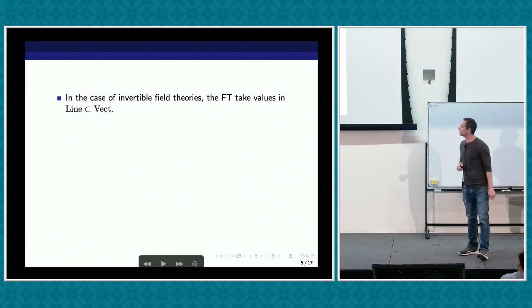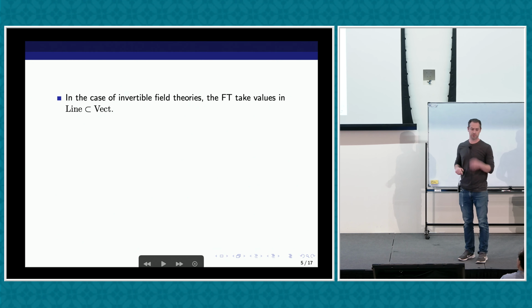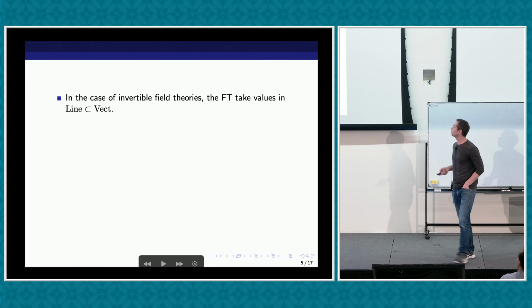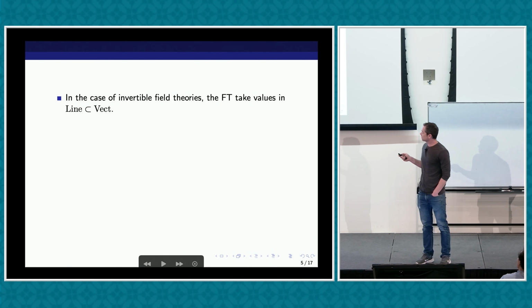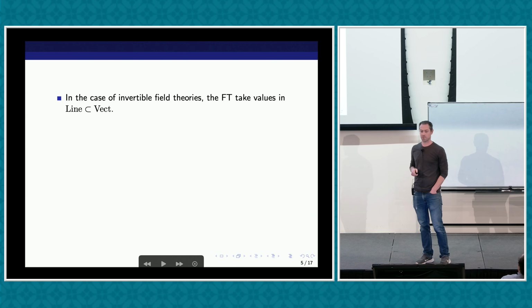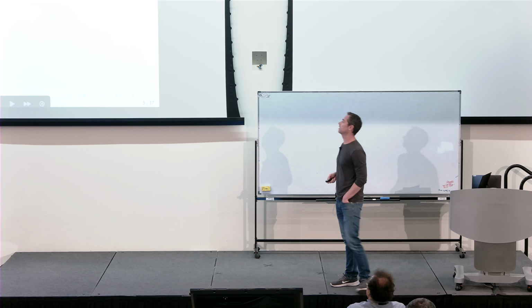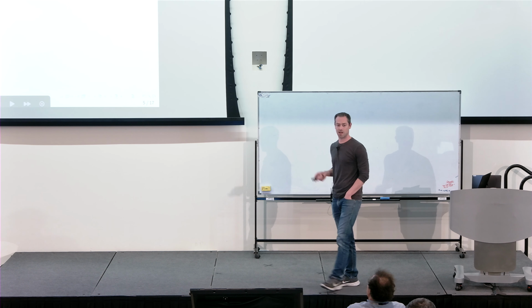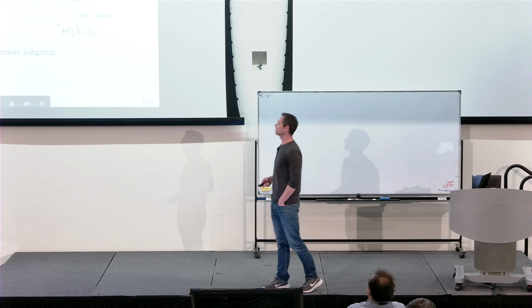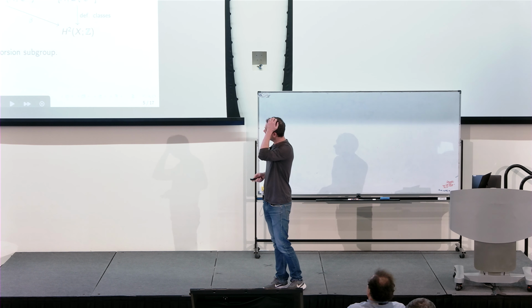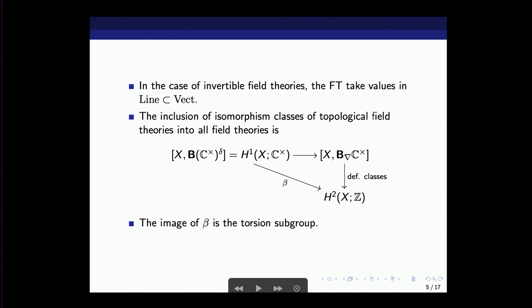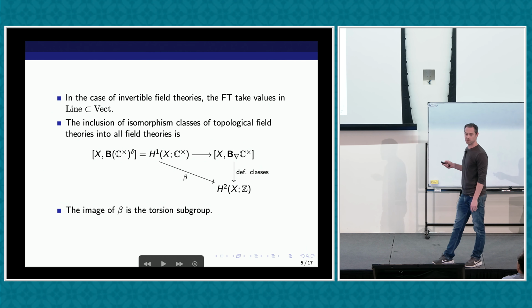Okay, so now let me explain what this has to do with the Freed-Hopkins conjecture as a toy example. Consider the subcategory of the category of finite dimensional vector spaces consisting of just invertible finite dimensional vector spaces. Those are just complex lines, vector spaces over C. Then if you look at the inclusion of flat, so right here, this is the moduli stack of flat line bundles, right?